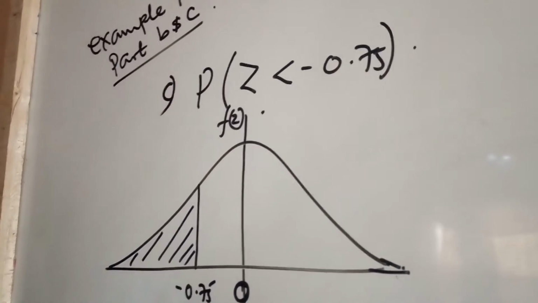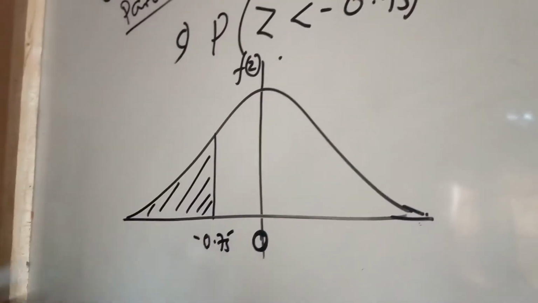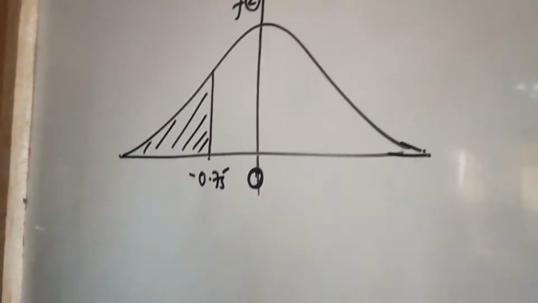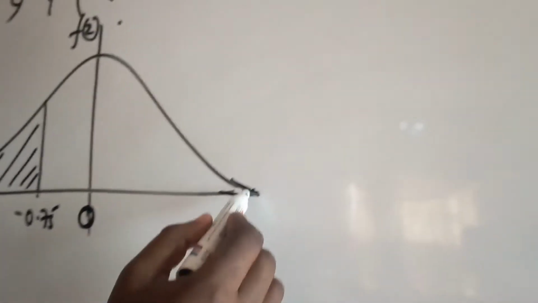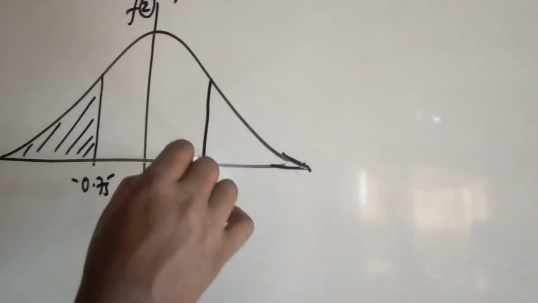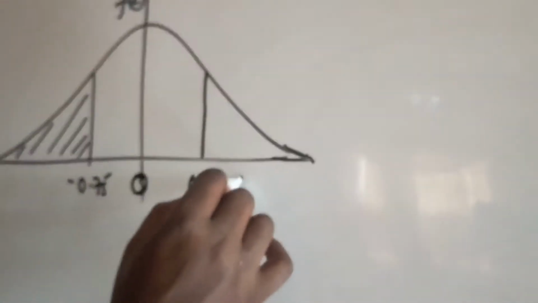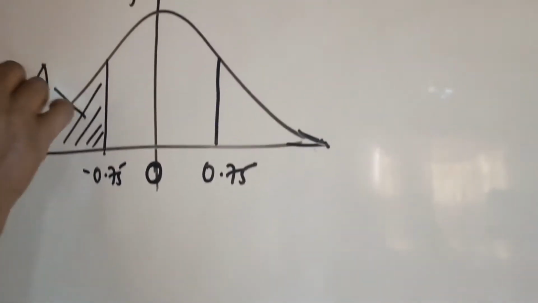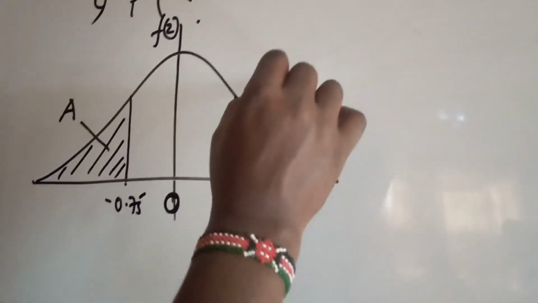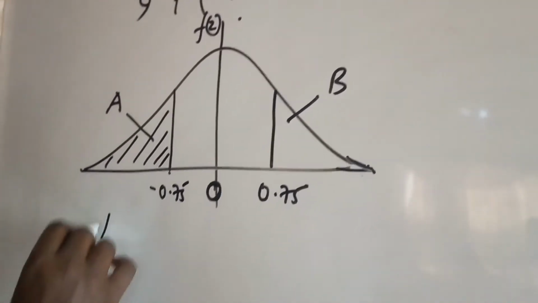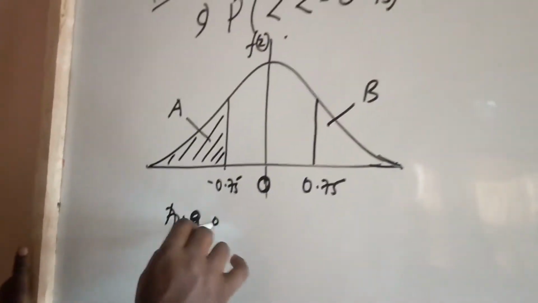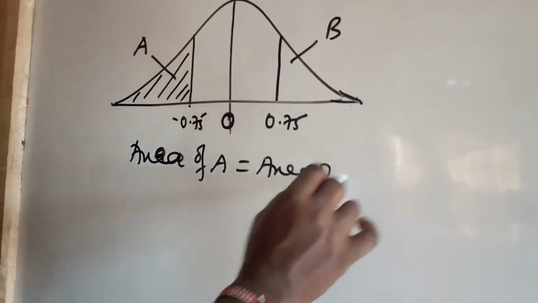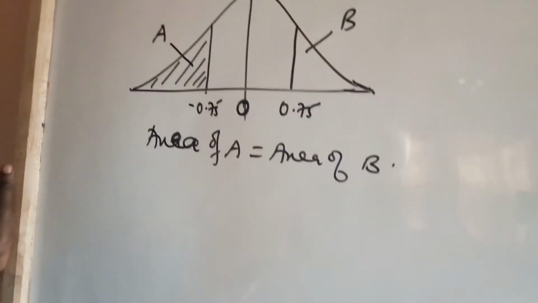So by symmetry, it follows that from this edge to negative 0.75 is the same distance from this positive edge to a positive 0.75 by symmetry. And if we are looking for this area A, it is also equal to the area B.